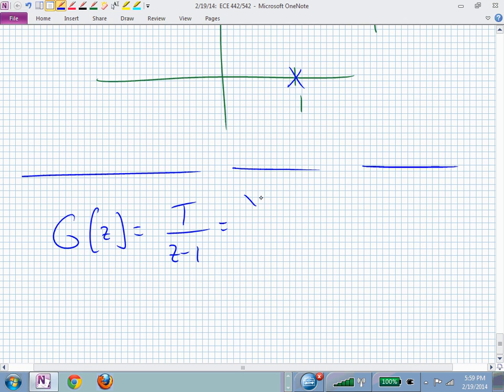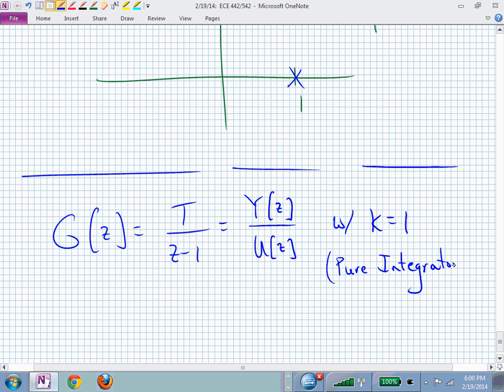And that's now a transfer function of a system where I inject a signal U and I obtain an output Y, consistent with what this was in the analog setting. This was an integrator.